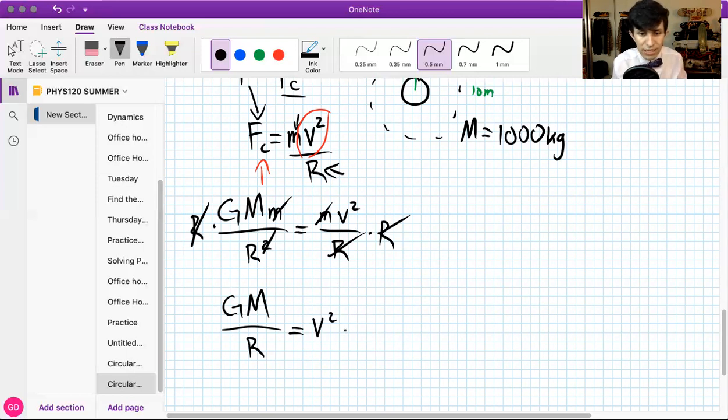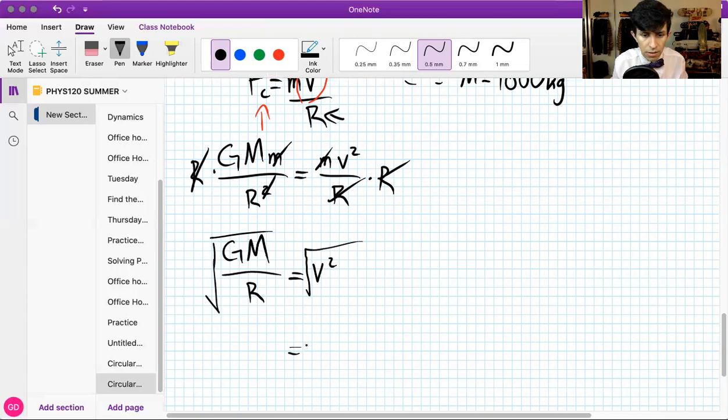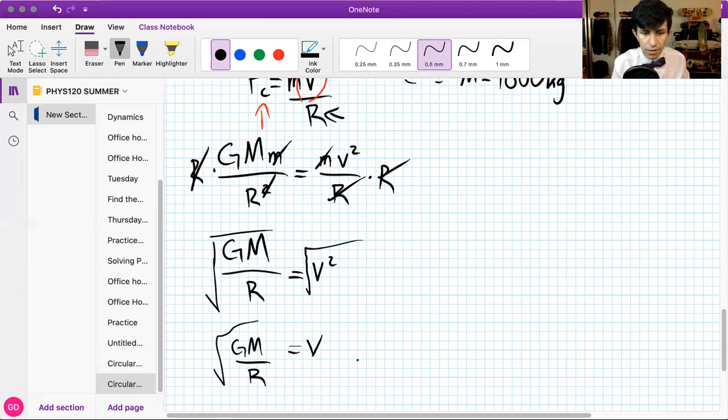Last thing to do, we need to reduce this, so we square root it. And what we get is V is equal to all of that over R. There we go. See, we've simplified before we even plugged in everything.